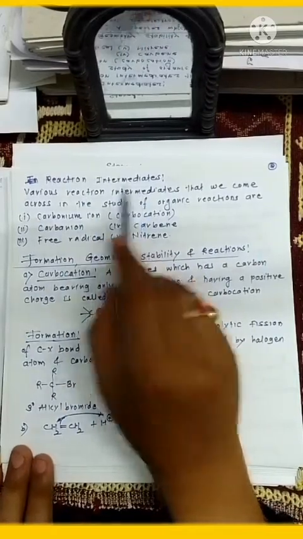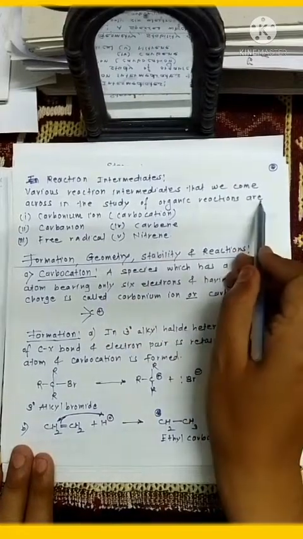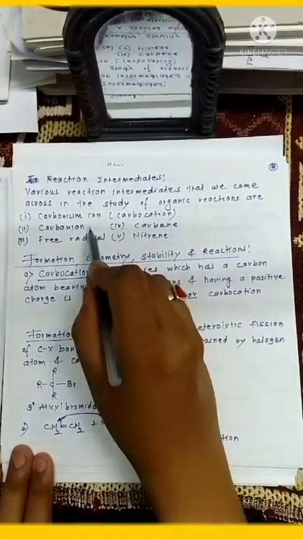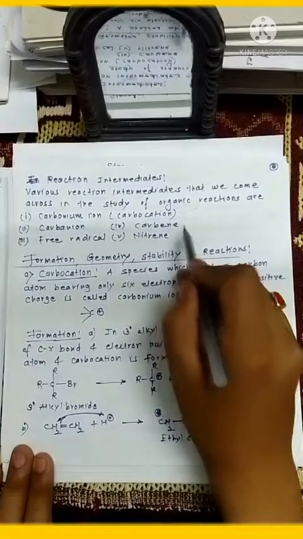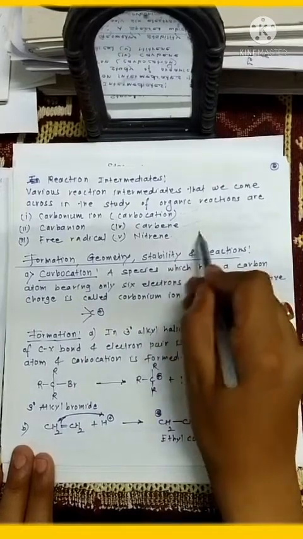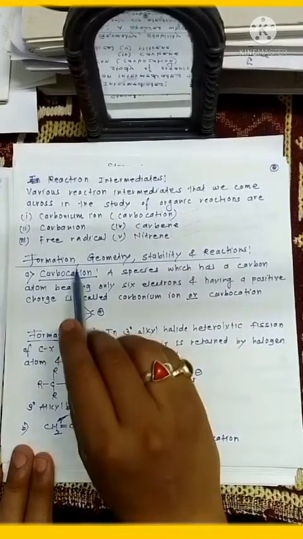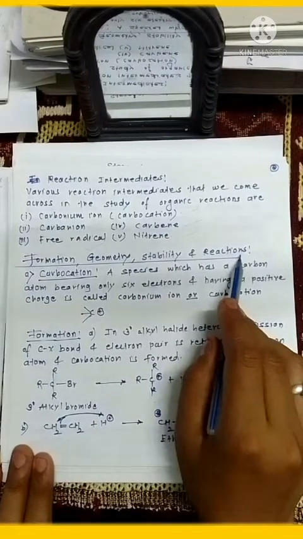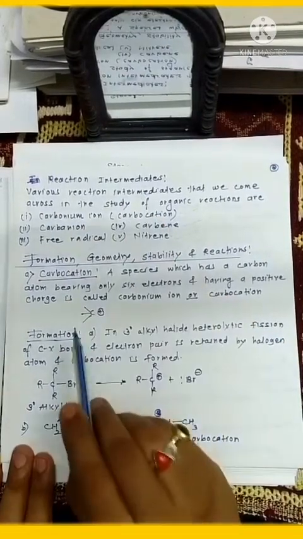Various reaction intermediates that we come across in the study of organic reactions are carbocation, carbanion, carbene, free radical, nitrene. Now we are going to discuss formation, geometry, stability and reaction of reaction intermediates.